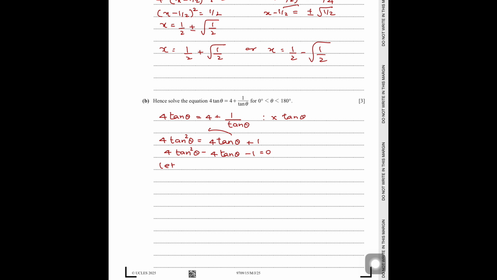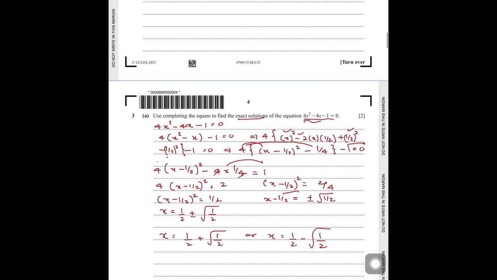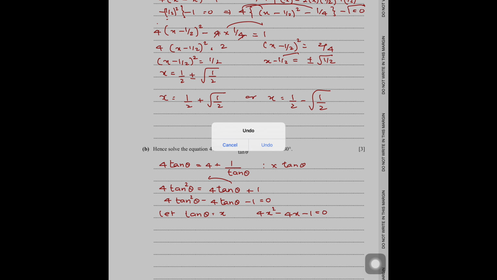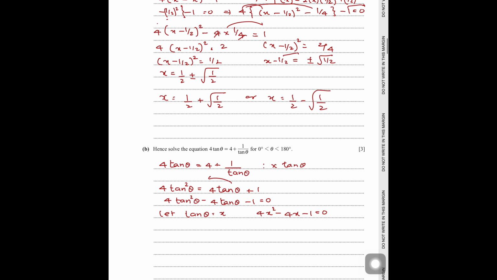Now let tan theta be x. So this is 4x squared minus 4x minus 1 equals 0, which is the same as this equation. So I already have the solution. Instead of writing that, I can write tan theta equals half plus root 1 over 2, or tan theta equals half minus root 1 over 2, right?